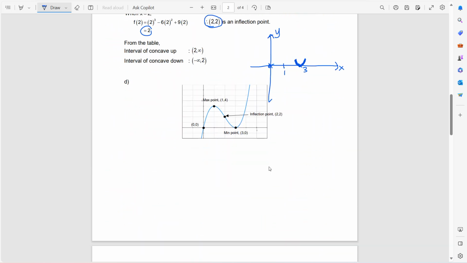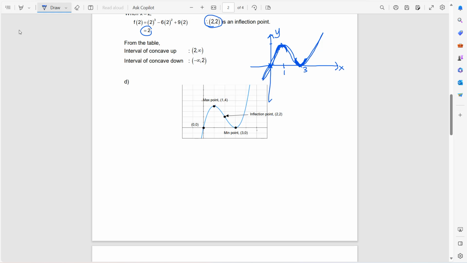Let's say this is 1, this is 4. So we already have a maximum. A maximum you write down like this, a minimum you write down like this. Then you can combine them like this. Okay, then you can label them: 0, 0, maximum point, inflection point, minimum point.